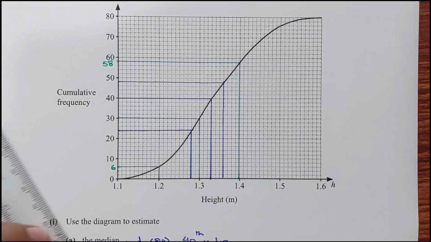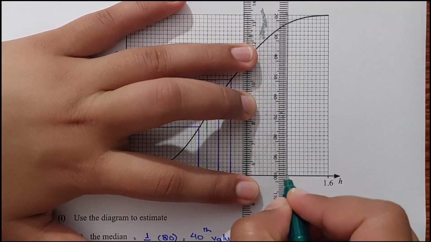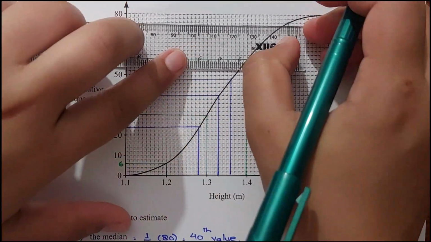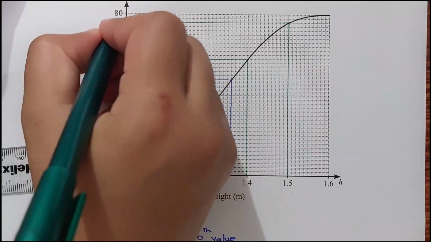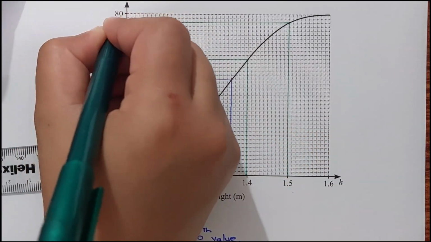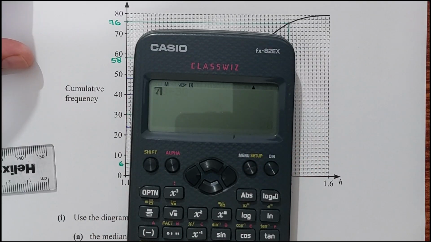1.4 to 1.5. Check the reading at 1.5. This is 76. Okay, 76 and 58. 76 minus 58. This is 18.